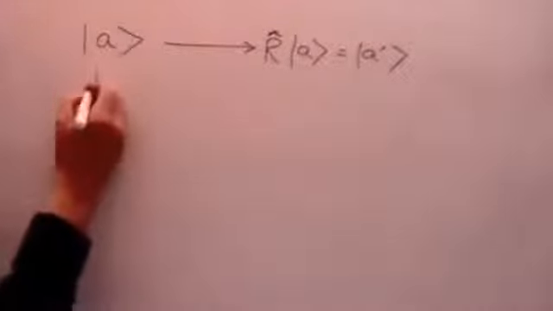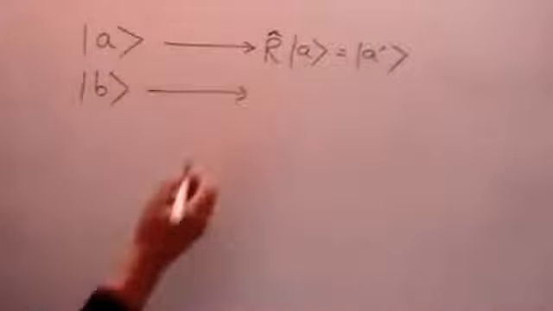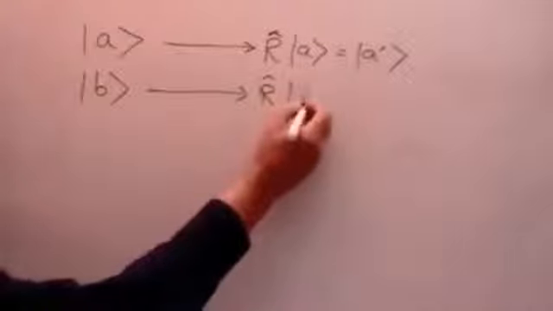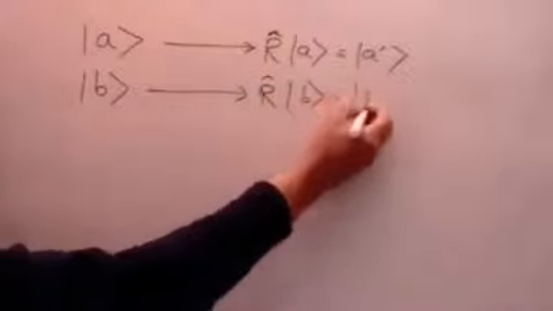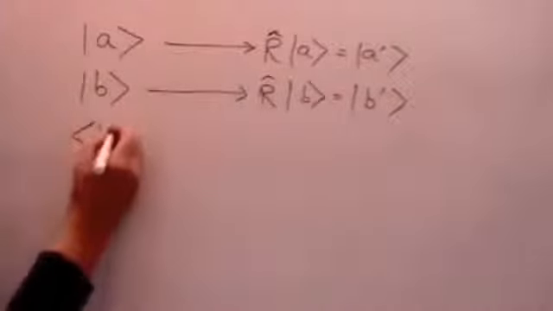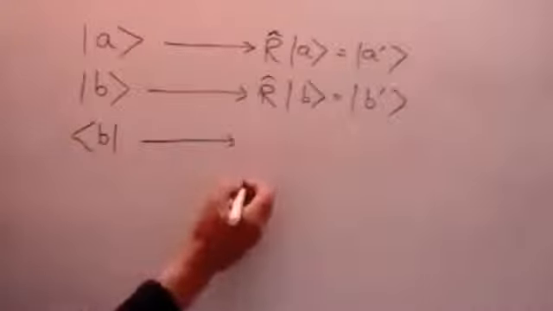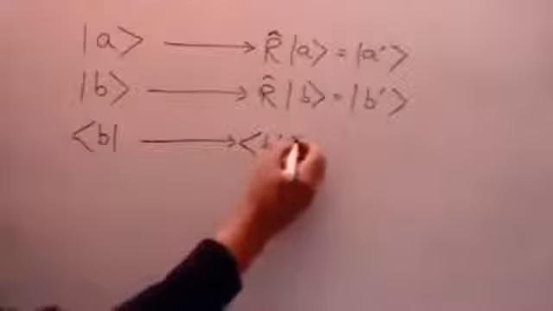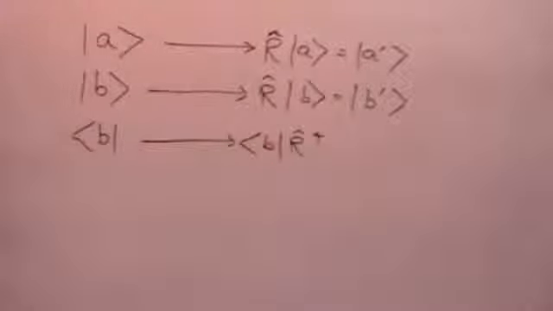Similarly, if we have a state B and we operate on it with the rotation operator R, that will act on B to produce a new state, B prime. Or I could take the bra vector of B, and of course I can rotate that. That will be B, R Hermitian conjugate.